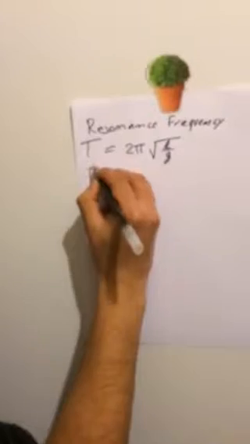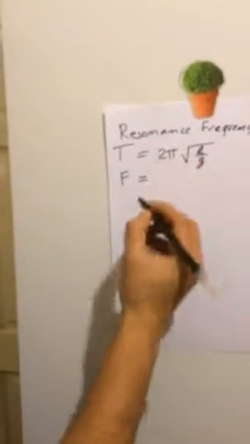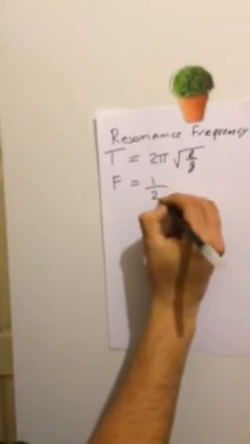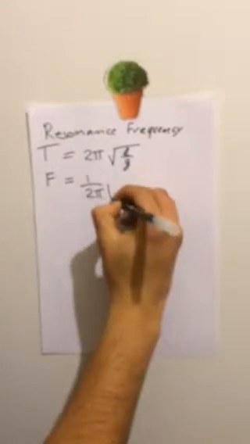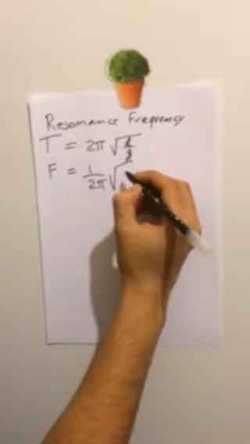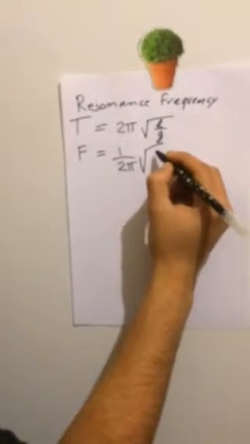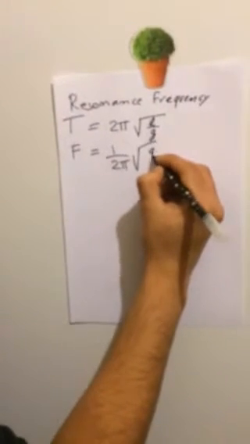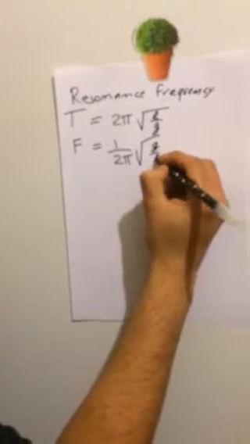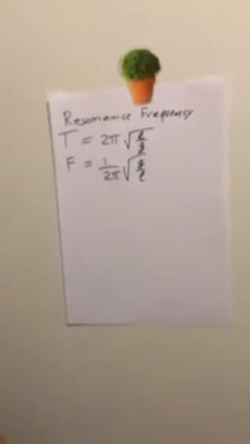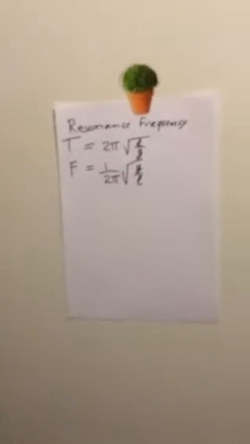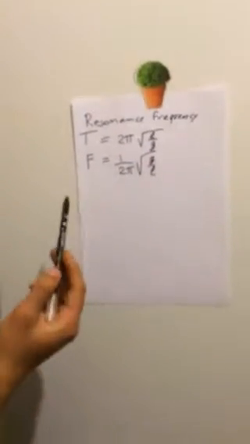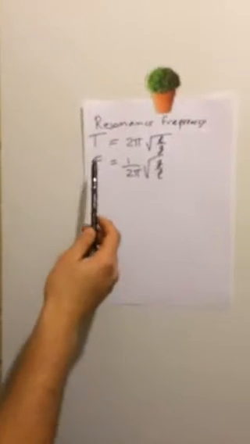So we know that the frequency is 1 over the period, so we have the frequency equal to 1 over 2 pi, times the square root of g over L.